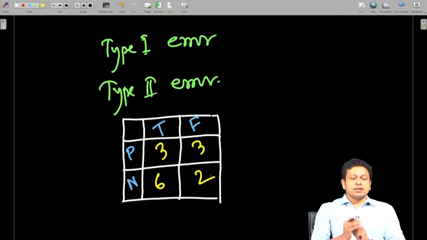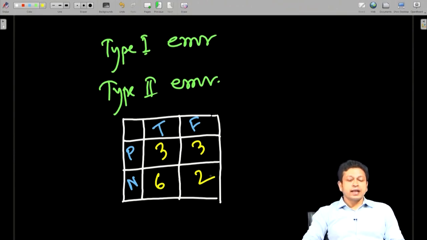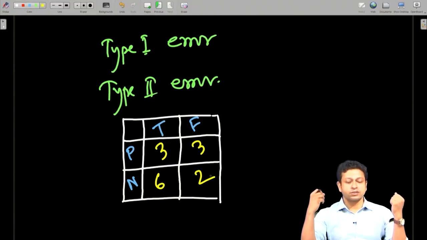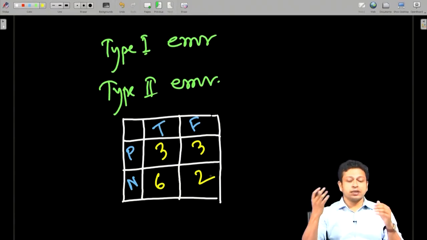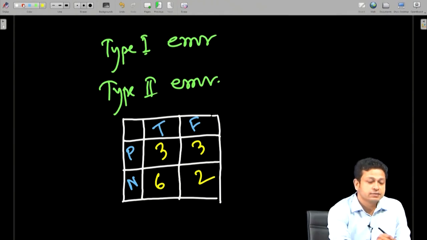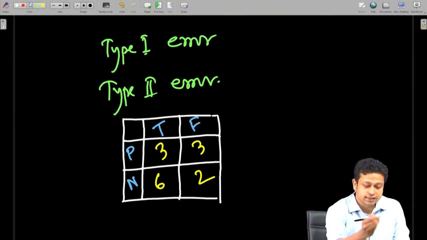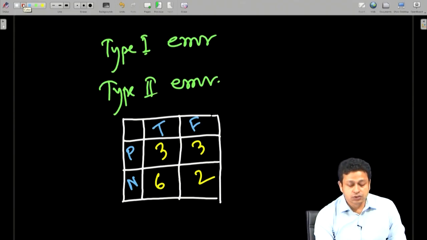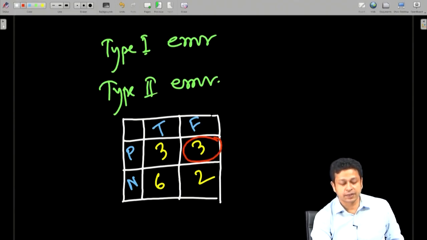Okay. Now, I have to identify. We have already seen what is a true positive, true negative, false positive, and false negative. Now, if I ask you which are the cases representing the false positive, the false positive is here, and here.